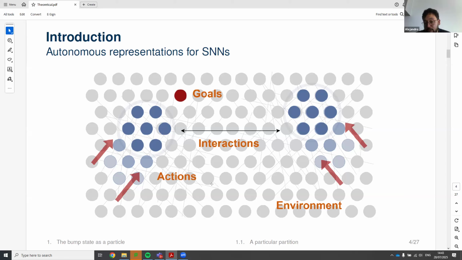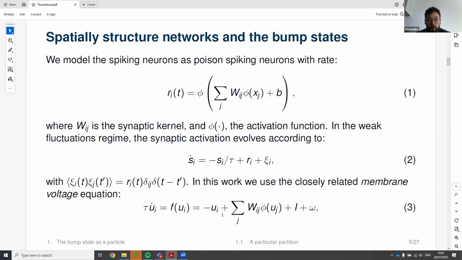But obviously the question is, how will this look like, and what does it mean for a representation to satisfy all these properties and to behave sort of autonomously? So let's explore that a little bit. We start with a model, which is a spiking neural network model.